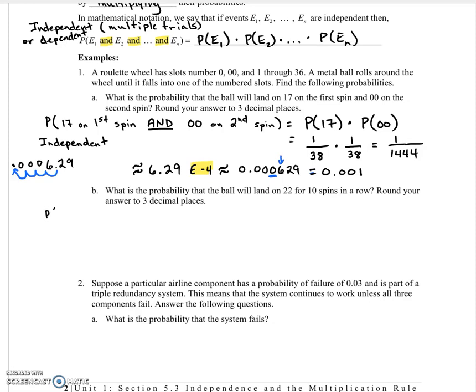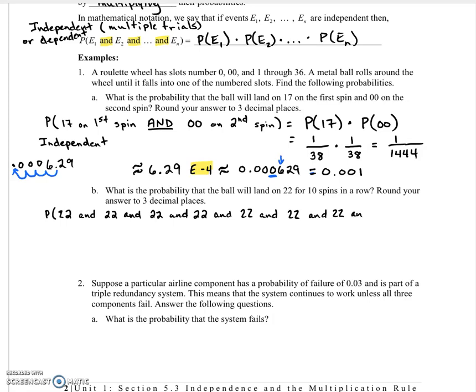So that's the probability of 22 and 22 and 22 and so on. There's going to be 10 of them, right?